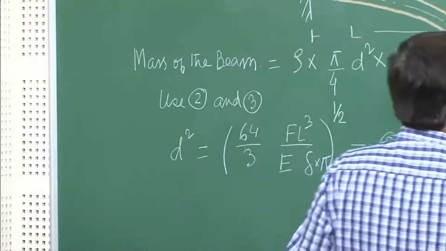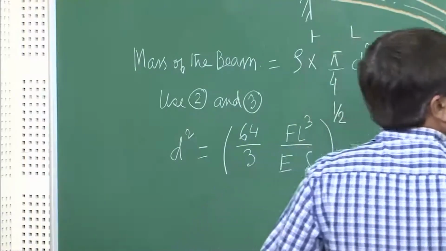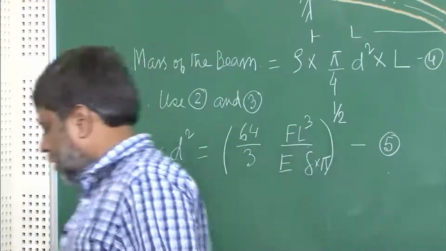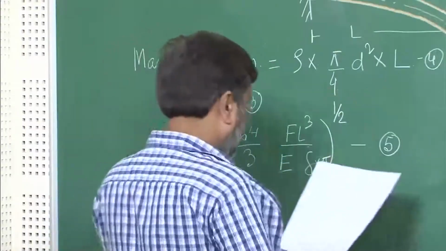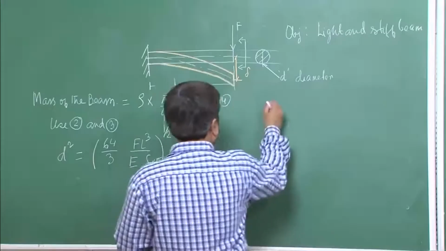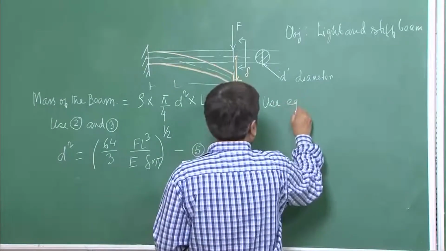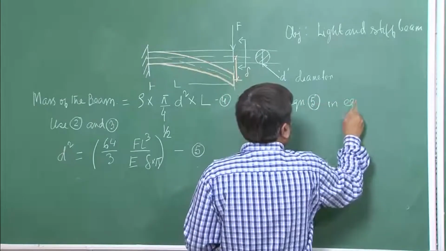Let us use this expression of d square, that is equation 5, in equation 4. So, use equation 5 in equation 4.